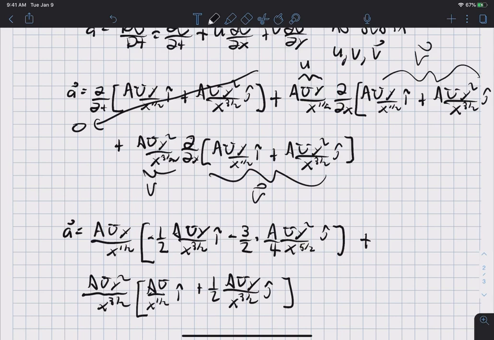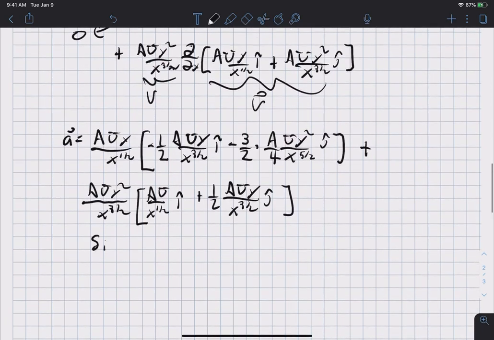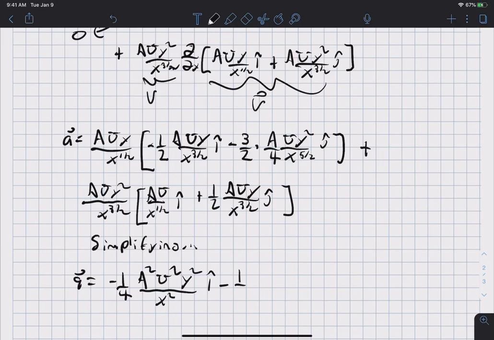Okay, and so you can combine these two terms and simplifying, we get that the acceleration is equal to minus 1/4 a squared u squared y squared over x squared i hat minus 1/4 a squared u squared y cubed over x cubed j hat.